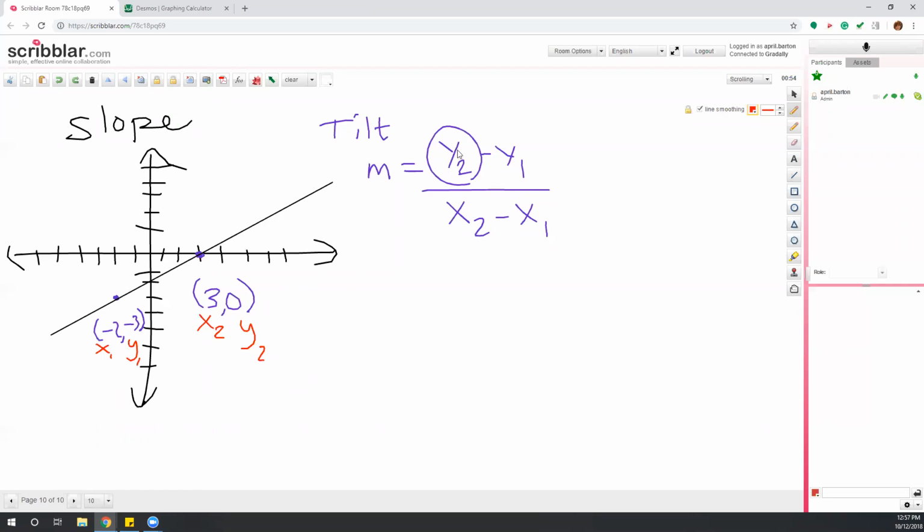So once you've identified those, to find the slope, all you have to do is plug each number in and simplify. So for the y2, what number should we actually plug in for y2? 0? Good, 0. That was the second y value. How about y1? It'd be -3, right? Yep, -3.